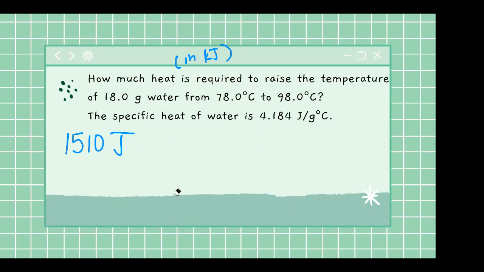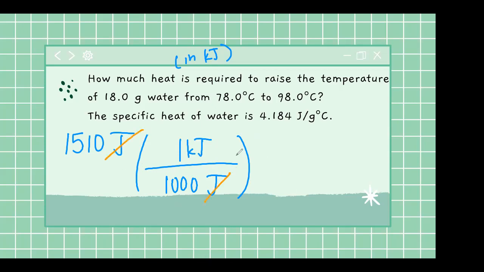When you have to convert joules to kilojoules, you want to set up a unit conversion, and since it's 1,000 joules per 1 kilojoule, we want to have that 1,000 joules on the bottom and the kilojoules on top, so you can cancel out those joules and end up with kilojoules. That goes with joules, meters, liters, any of those basic SI metric units.